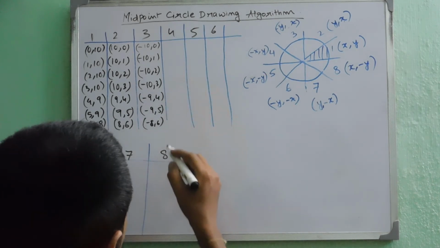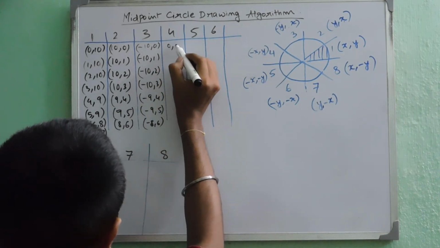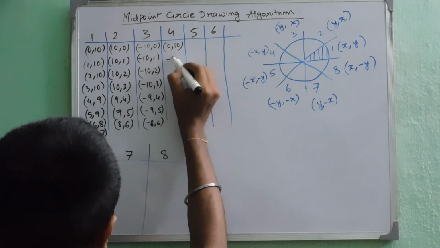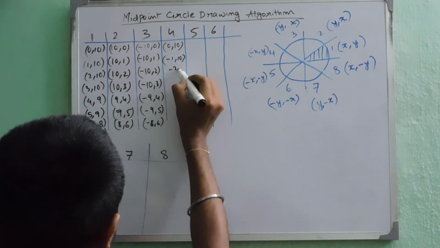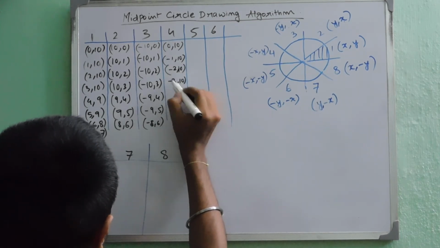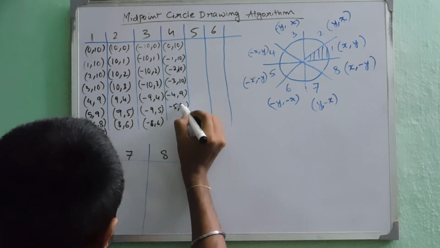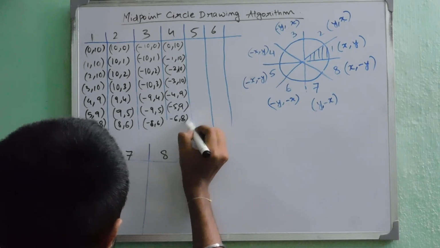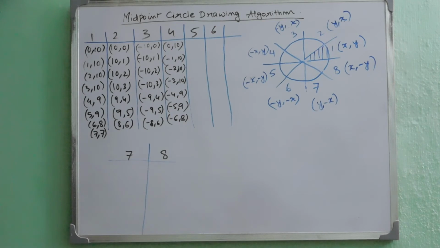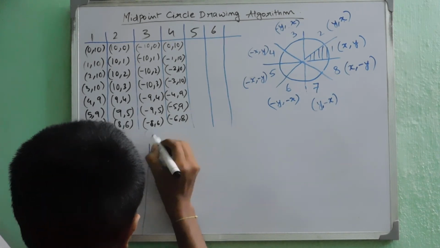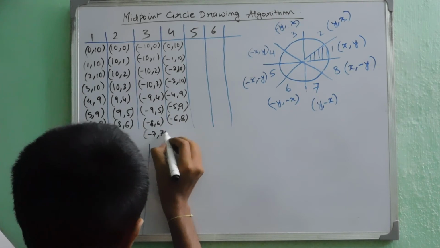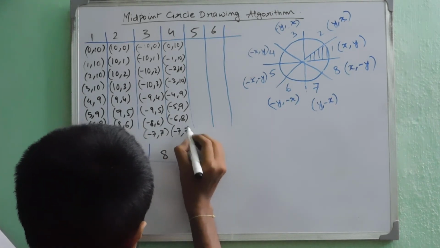For the fourth octant we will have 0, 10, minus 1, 10, minus 2, 10, minus 3, 10, minus 4, 9, minus 5, 9 and minus 6, 8. Here we will also have this one as minus 7, 7.